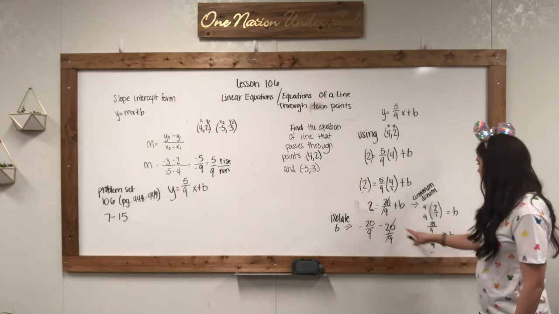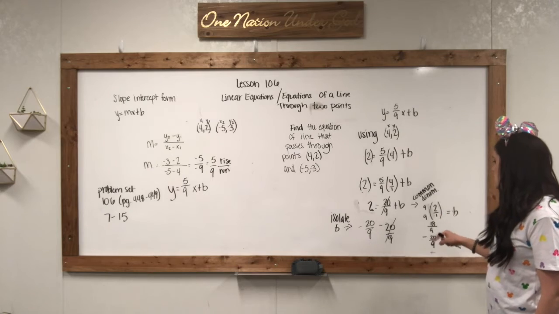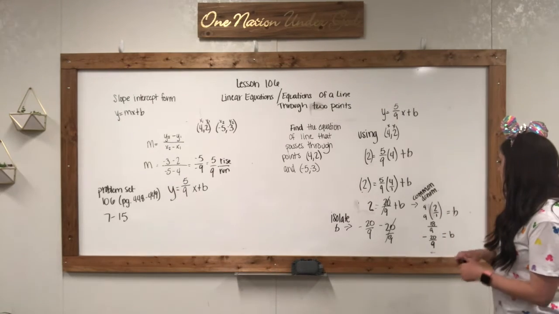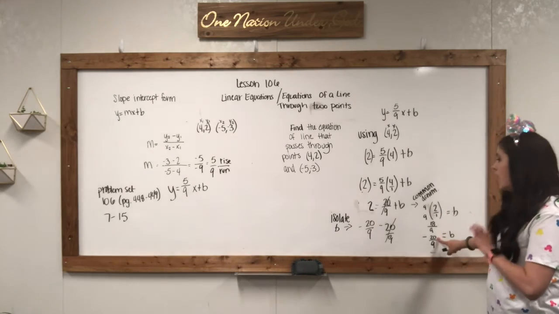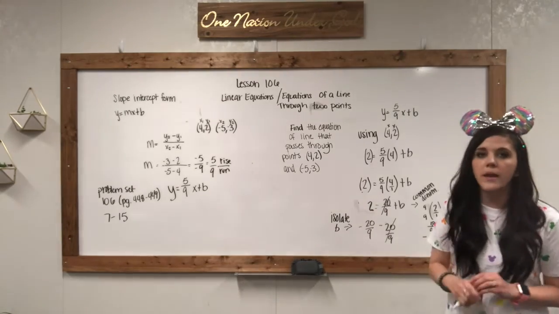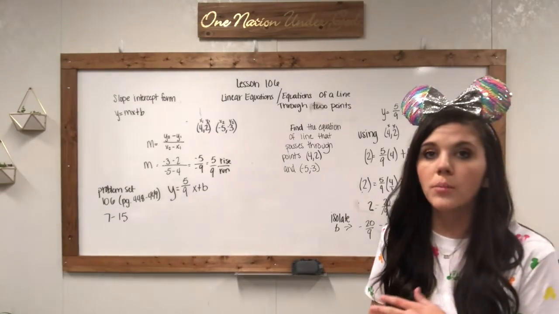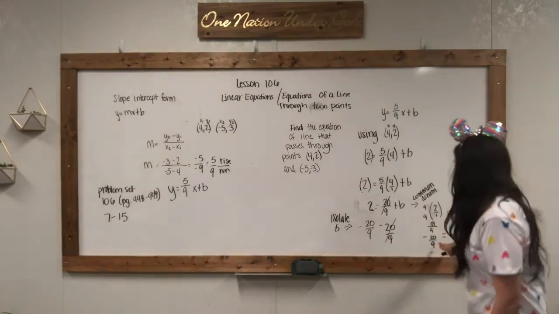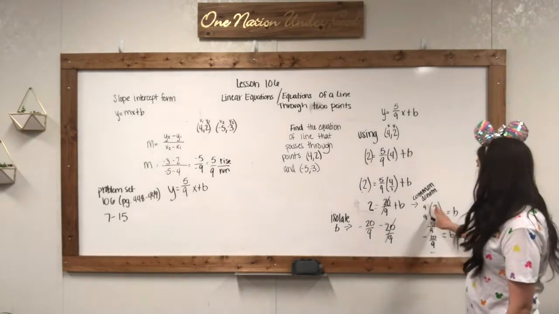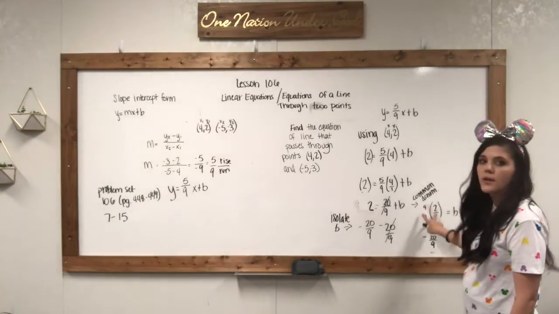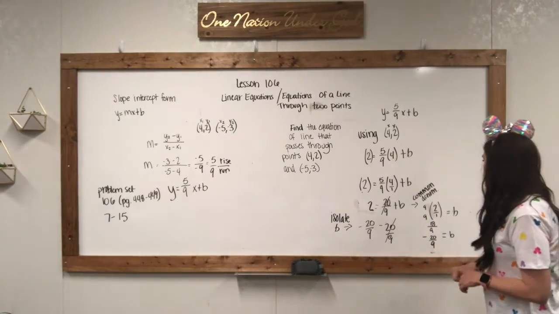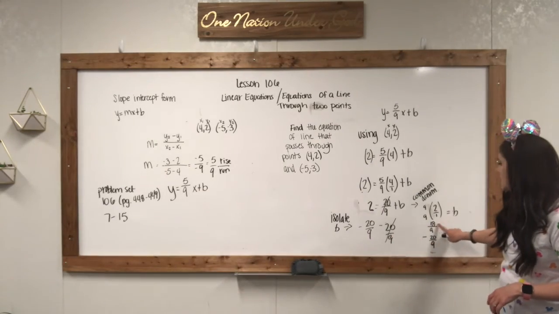I am subtracting 20 over 9 from that 2 over 1. So my common denominator between 1 and 9 is going to be 9. So I'm going to multiply the numerator and the denominator here by 9. So when we do that, we end up with 18 over 9.